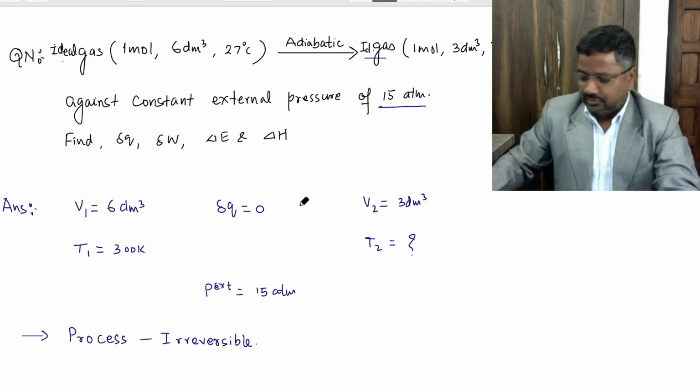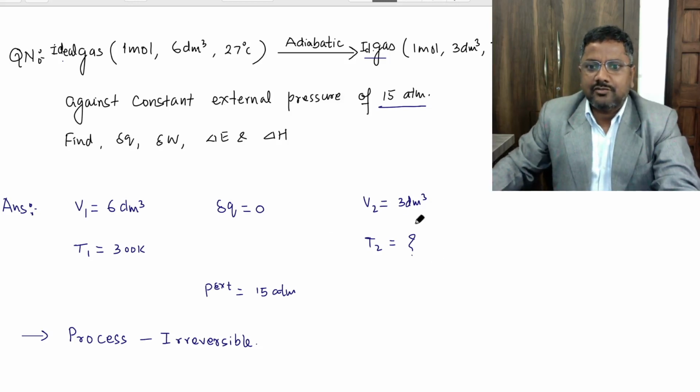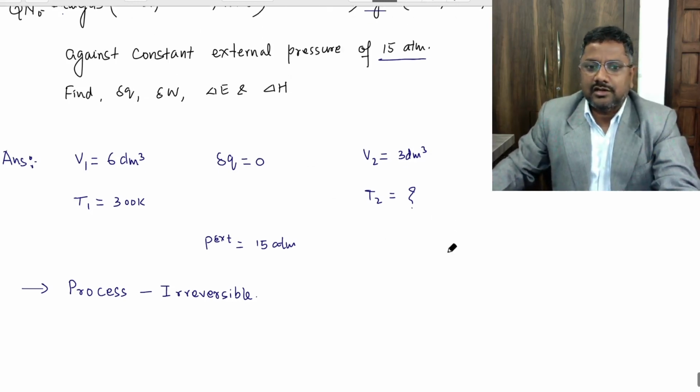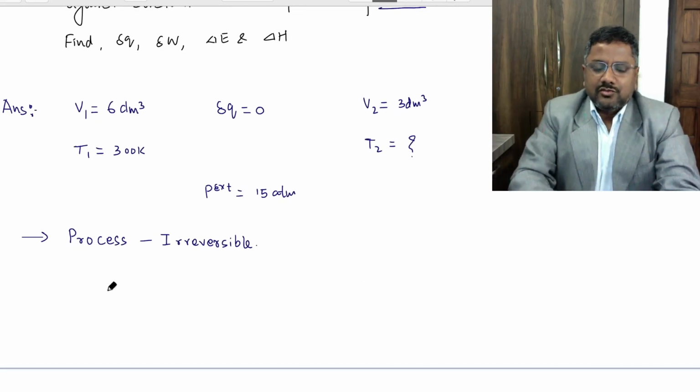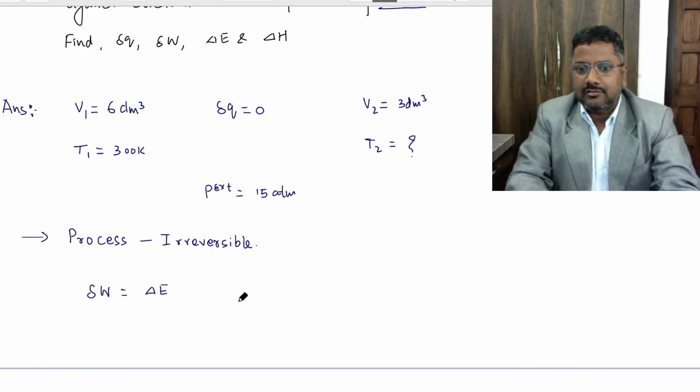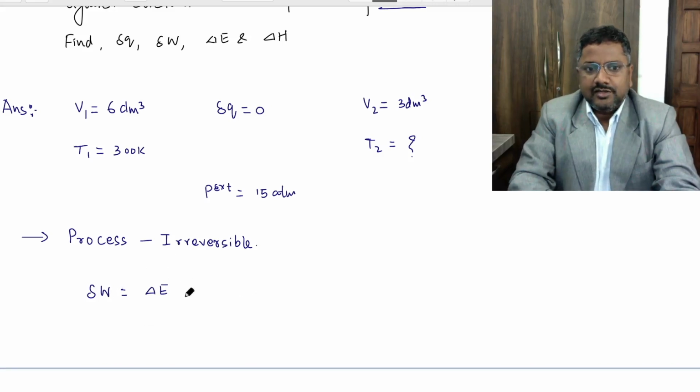Now you have to use the formula. First you have to calculate final temperature, then you can very easily calculate the work involved. So delta W is equal to delta E, right?